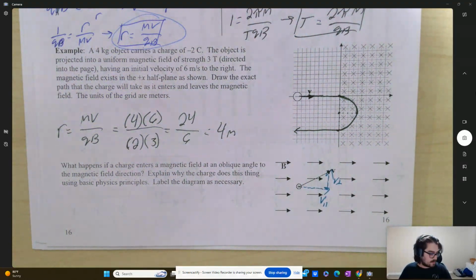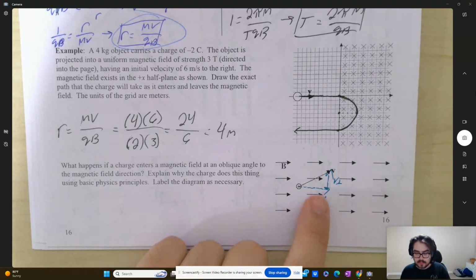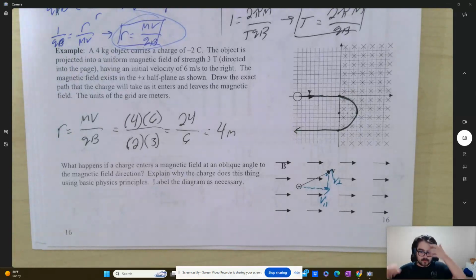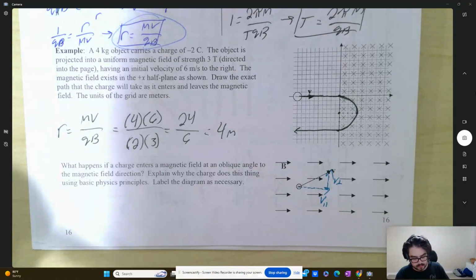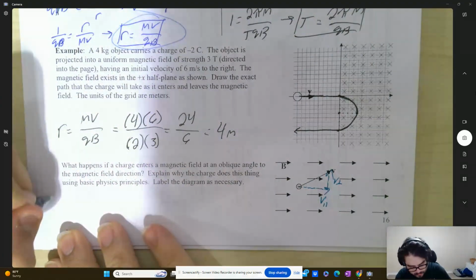What's going to happen is the magnetic field is only going to act on the perpendicular part of the velocity. Remember, it doesn't change the magnitude of the velocity, it just changes the direction. So let's focus on the V parallel component first.